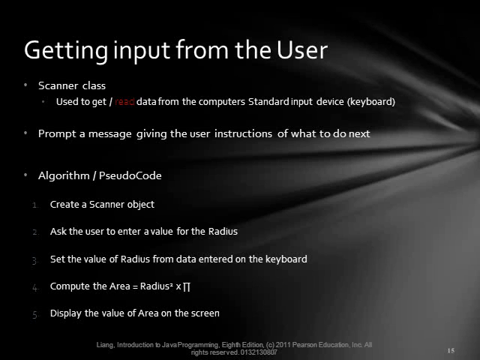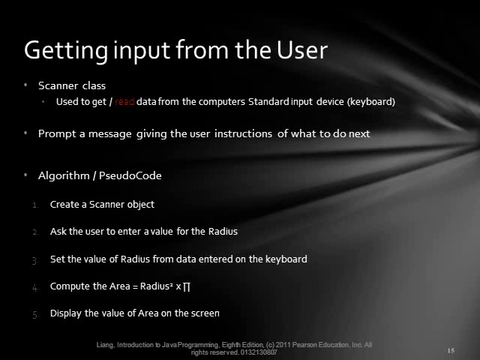We have to create a scanner object. This is object-oriented programming, and so we have to create an object of type Scanner so we can use it. And objects are created from classes that are in these libraries. Once we have the object, we need to ask our user to enter a value for the radius.